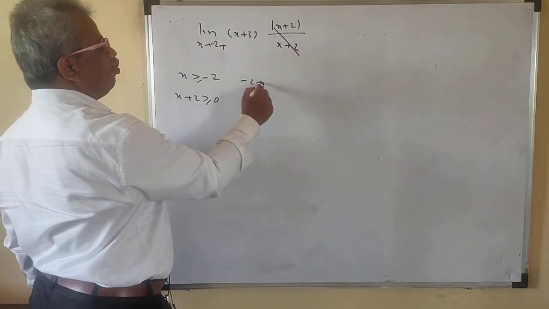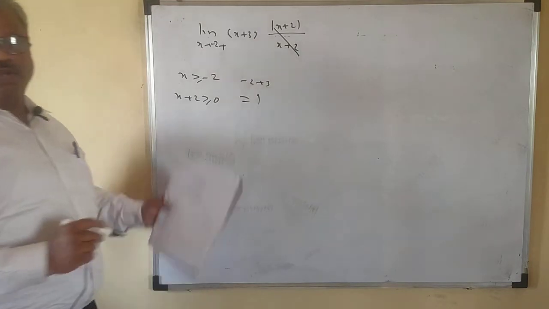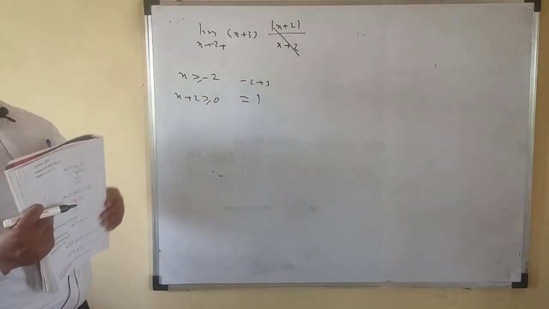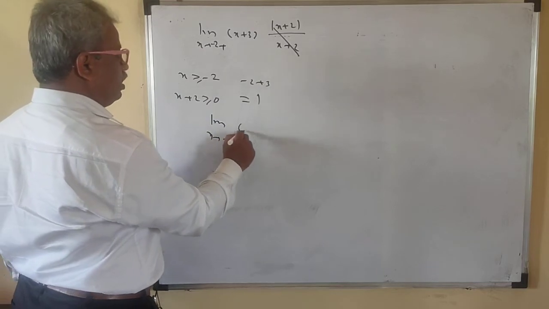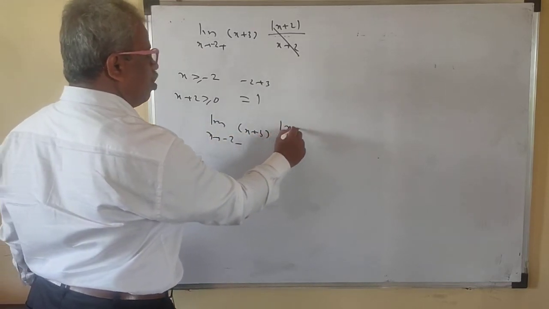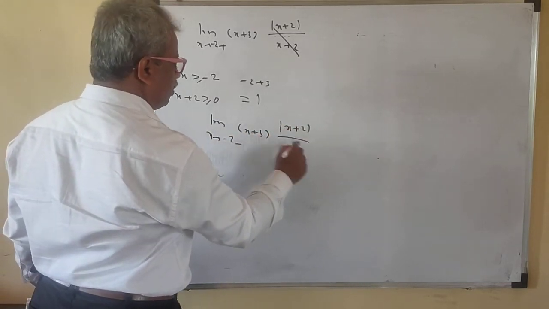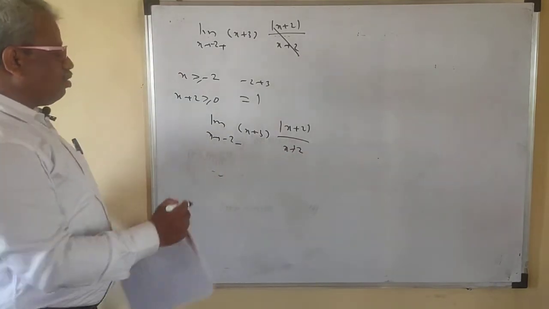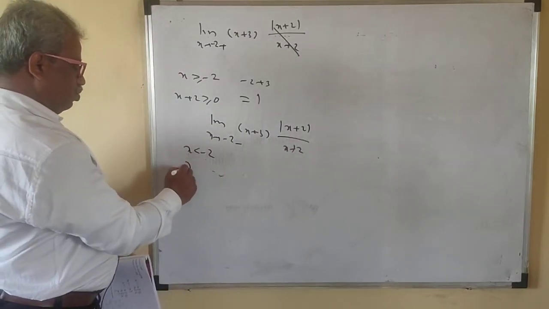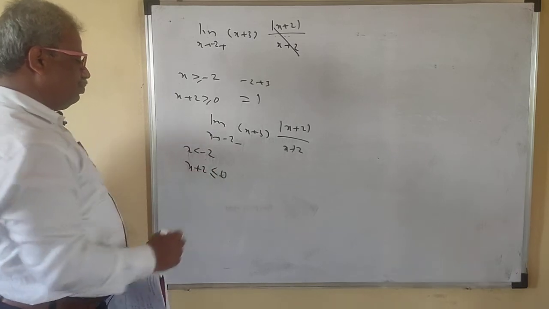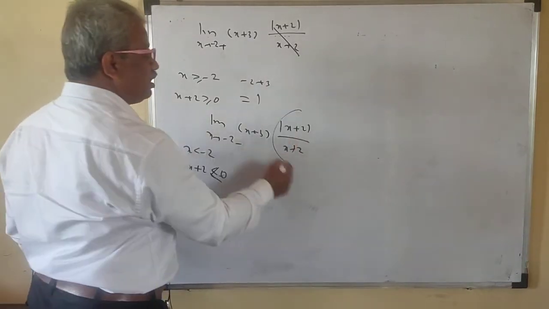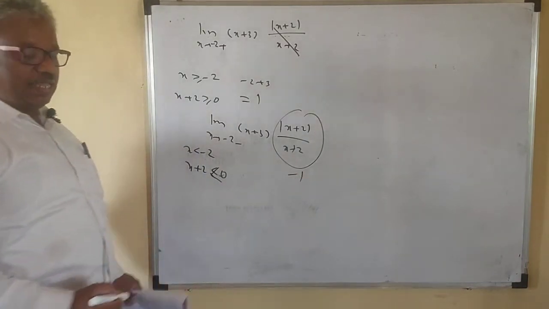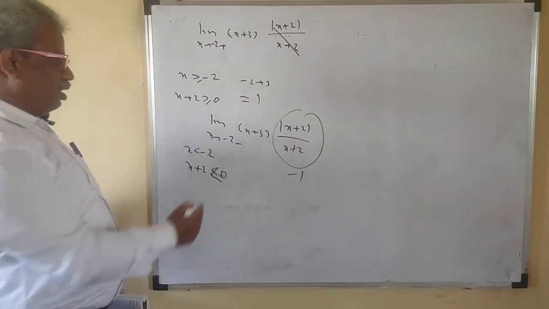So −2 + 3 is 1, and this limit is 1, because of the plus side. Now if this limit is x tends to −2 minus, (x + 3) into mod of (x + 2) upon (x + 2), here x is less than −2, so x + 2 is strictly less than 0, which means it is negative. That means this is −1, so whatever the limit will be, it is −1.